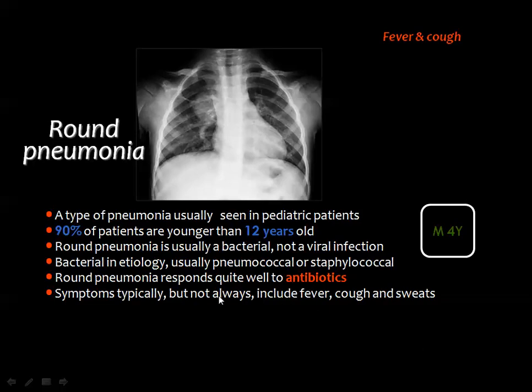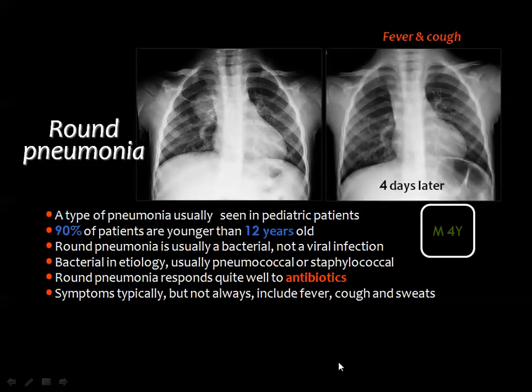The causative organism is pneumococcal or staphylococcal according to the literature. But if you see the clinical data and a lesion suggestive of round pneumonia, then you can go directly for antibiotic therapy.